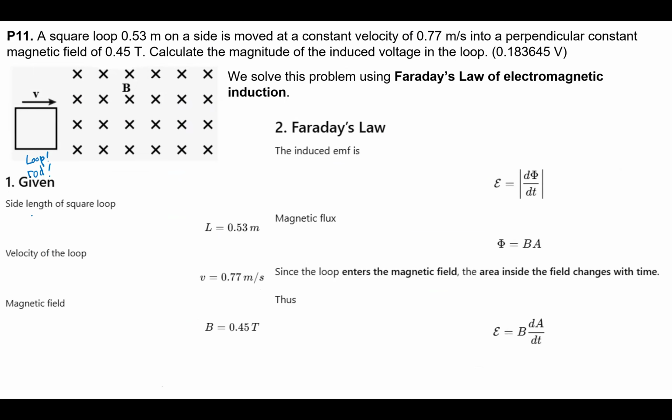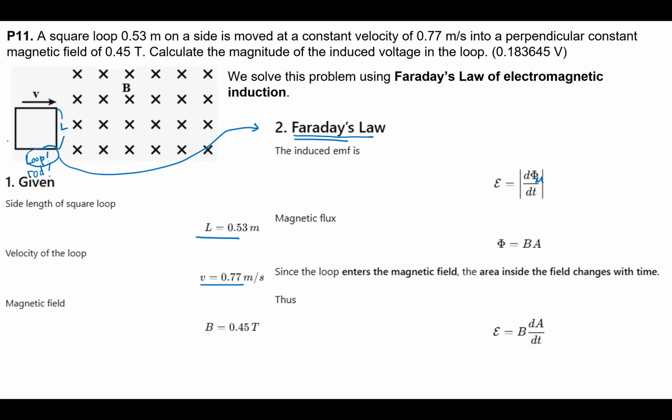The side length L of the square loop is given, the velocity of the loop is given, and the magnetic field is given. Now we are using Faraday's law because it is a loop. Faraday's law states that the change in magnetic flux in time gives you the electromotive force.